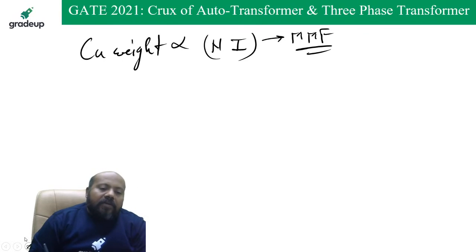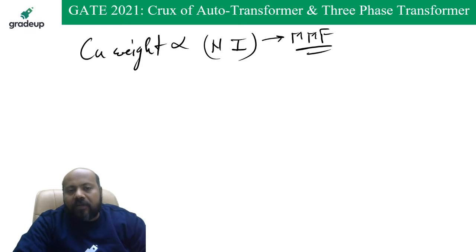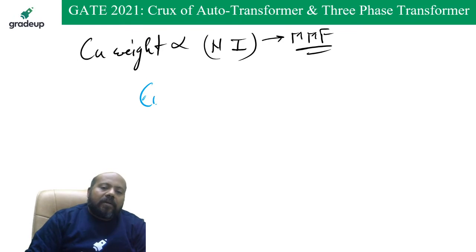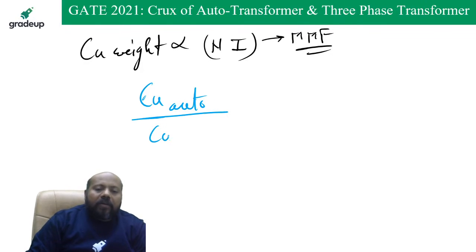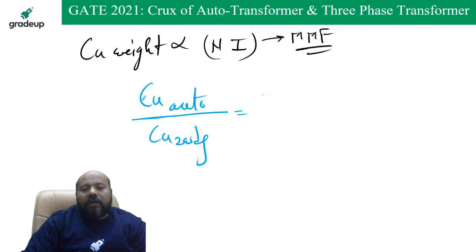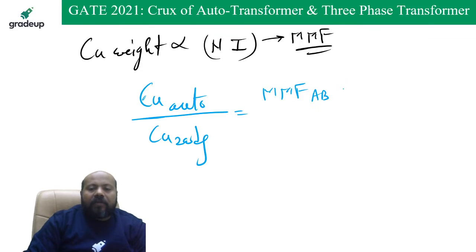Now I know that I am using one winding for the auto transformer and two windings for the two winding transformer. So I want to compare the copper weight in case of the auto transformer and the copper weight in case of the two winding transformer. Now you tell me what is going to be the MMF. It is going to be MMF for AB section and MMF for BC section.